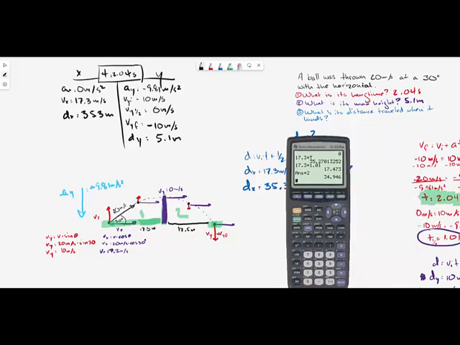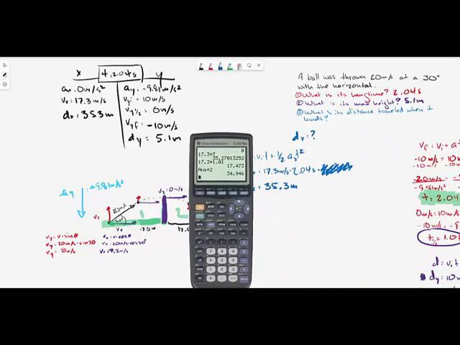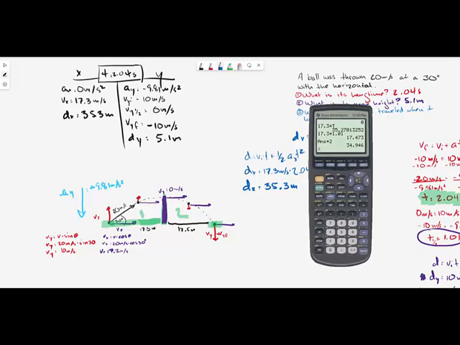So these are all the Regents kinds of questions you'll get. We could find a lot more information. 35.3 meters. I could ask you about any of these values at any point in its trajectory. I could ask you, hey, what's this velocity here? What's the height of this thing here?